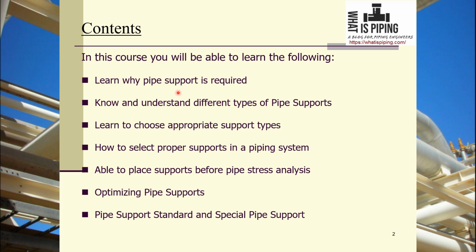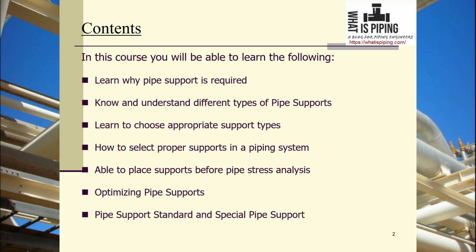Then know and understand different types of pipe supports. You must be aware by now that there are various kinds of supports: rest support, guide support, hold down support, anchor support, then rigid hanger, spring hanger, u-bolt, trunnion, dummy.